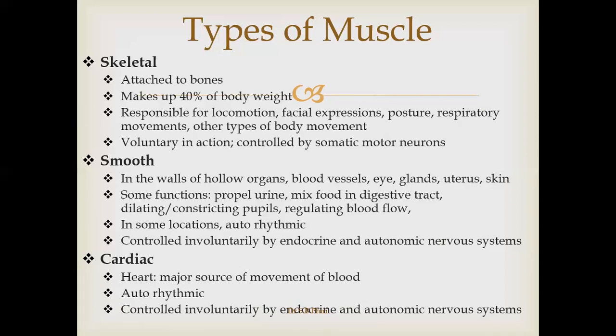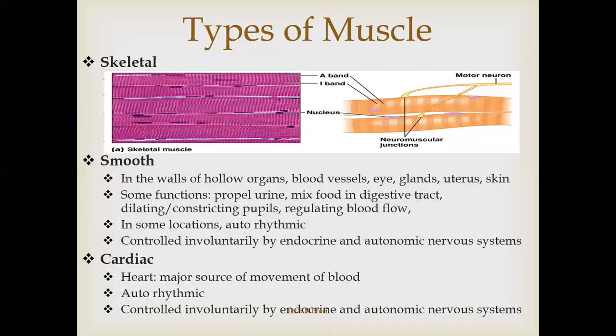The two branches work antagonistically, meaning they have opposite functions. One can be stimulatory, the other inhibitory. Even the neurotransmitters released there, acetylcholine and norepinephrine, have antagonistic effects on most tissues.